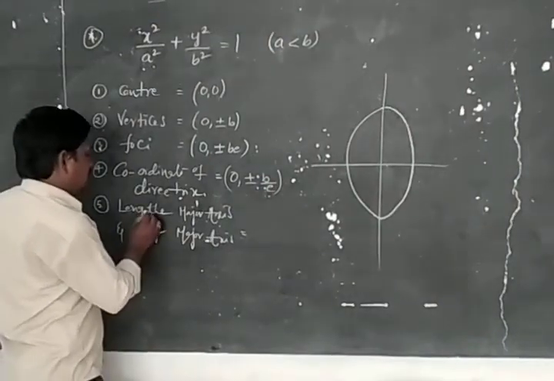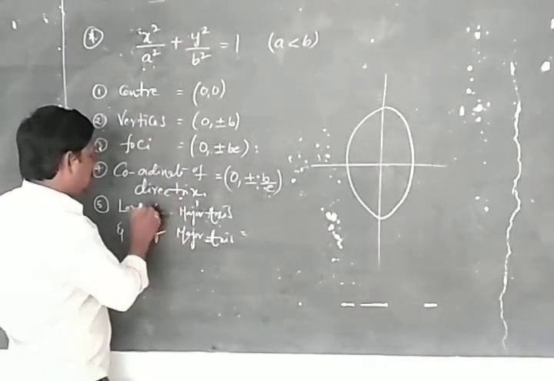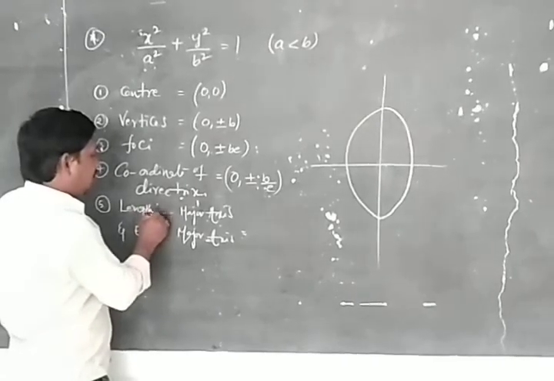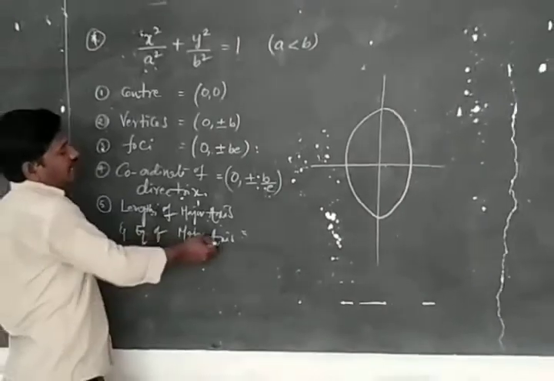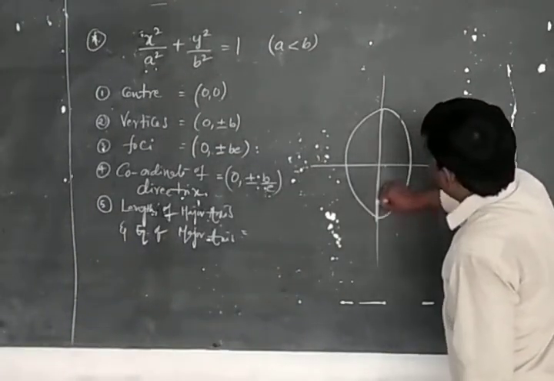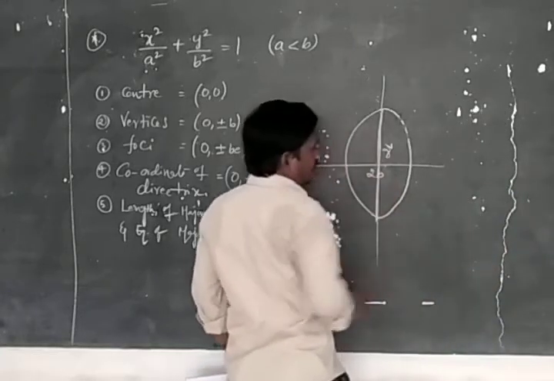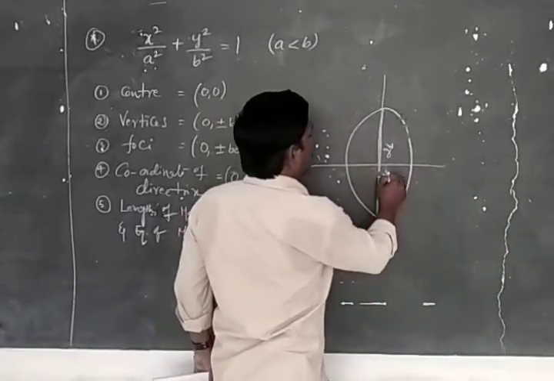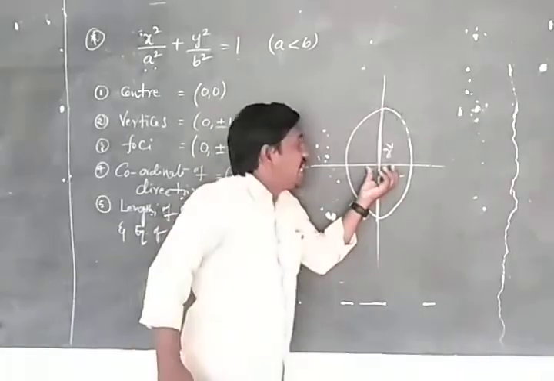So length of major axis and equation of the major axis. Here, what is the major axis? 2b. Here it is 2a, the minor axis.